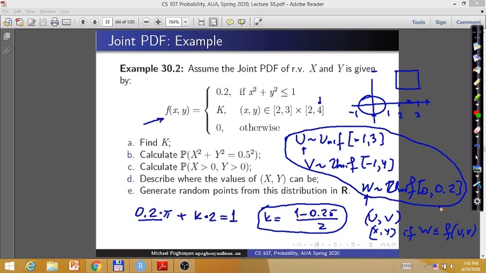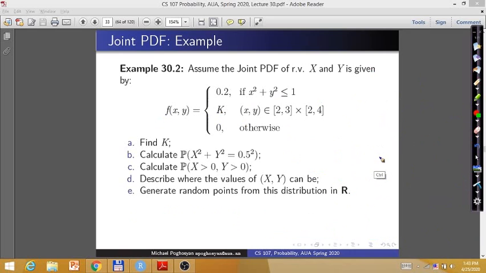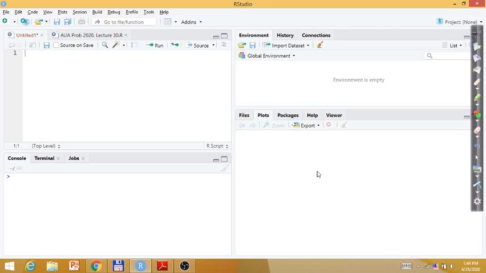Okay, so I'm doing these calculations in R, first defining my function f. So I'm erasing this, going to R and writing here. So my function f, a function of two variables x and y, I define it in the following way.